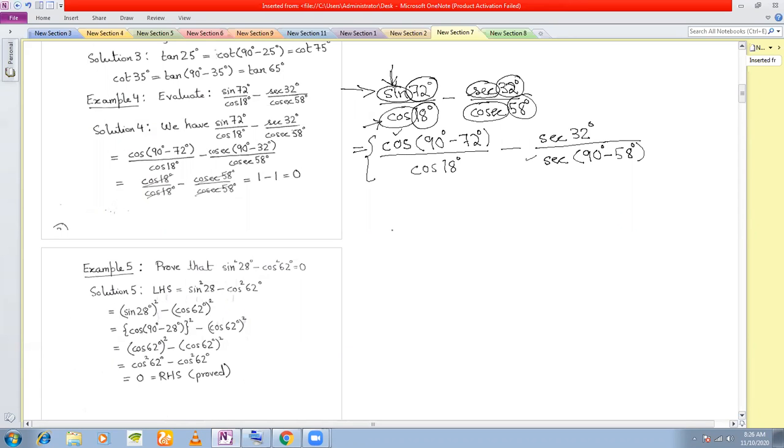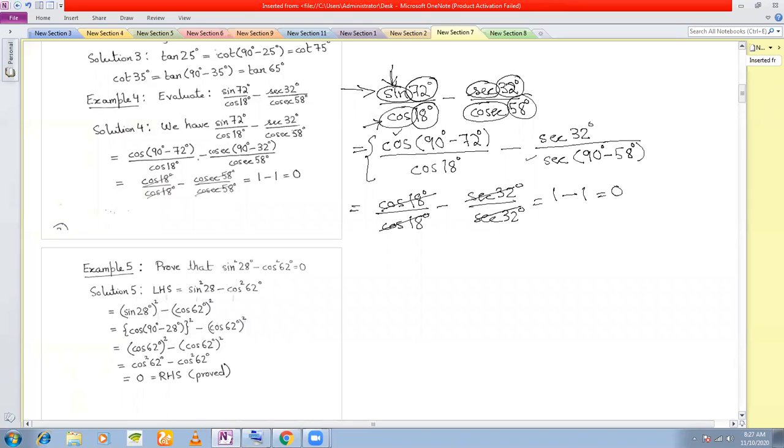And in the second one, I have changed the denominator only. Okay, so now what happens? This becomes cos 18 degree, and this is cos 18 degree by cos 18 degree minus sec 32 degree divided by sec 32 degree. So this cancels, this also cancels. You get 1 minus 1, which is 0.